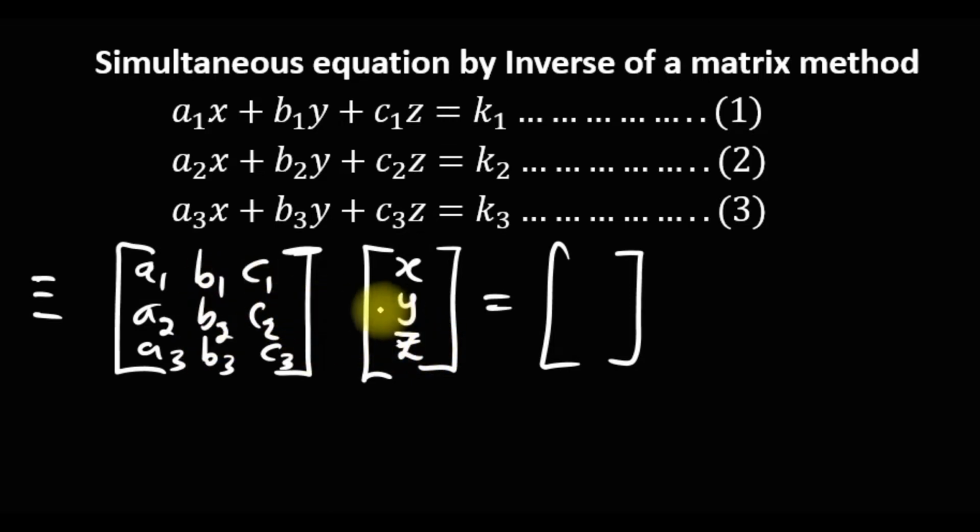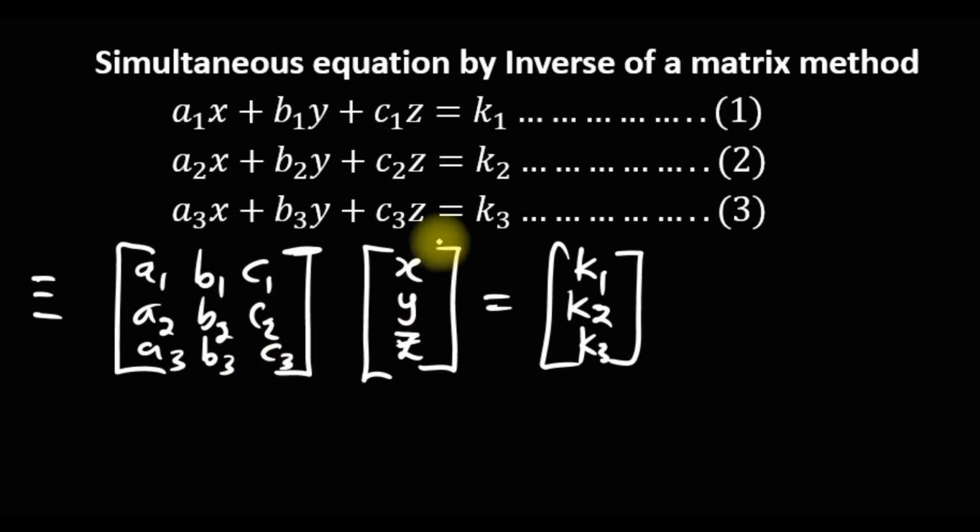As you can see, if I want to get this, it's this times that plus this times this plus this times that, which gives us the first equation, and it will give us an answer which is K1. In the same way, this times this will give us K2. Finally, this times this will give us an answer which is K3.